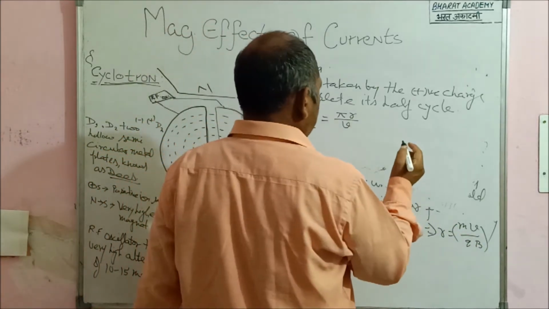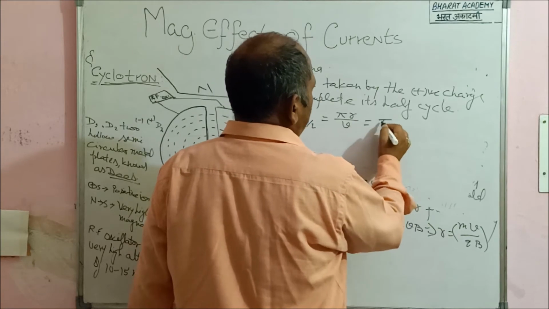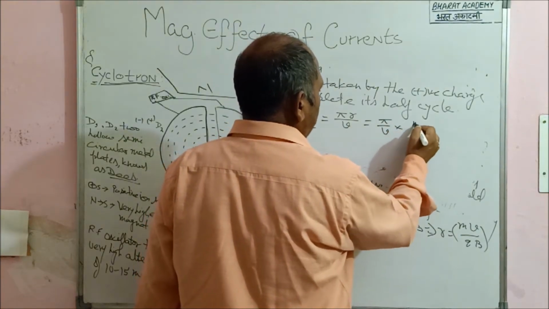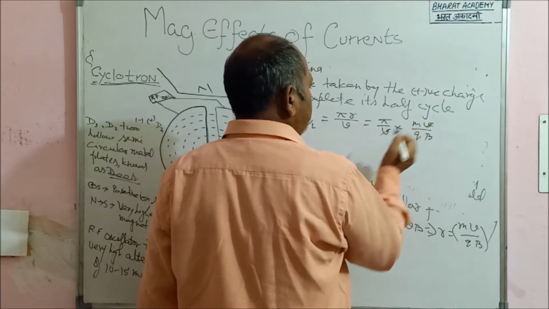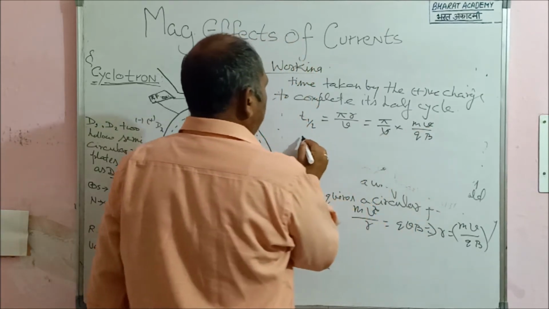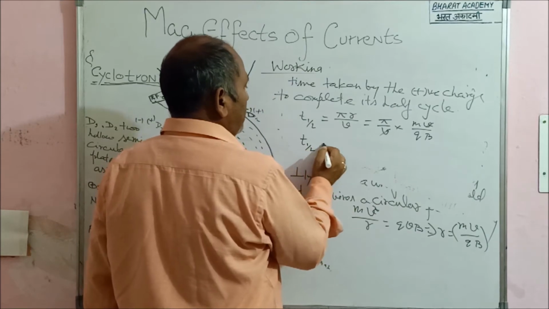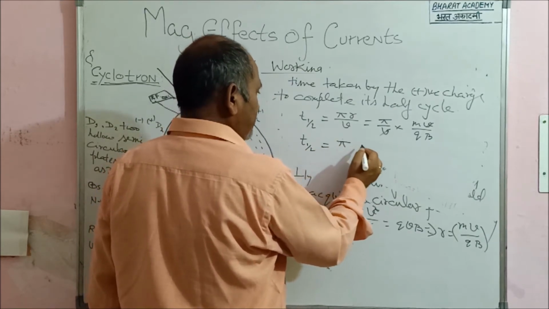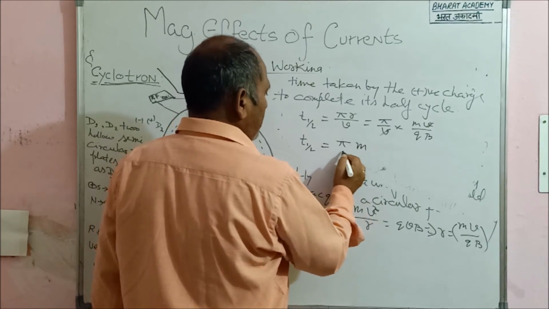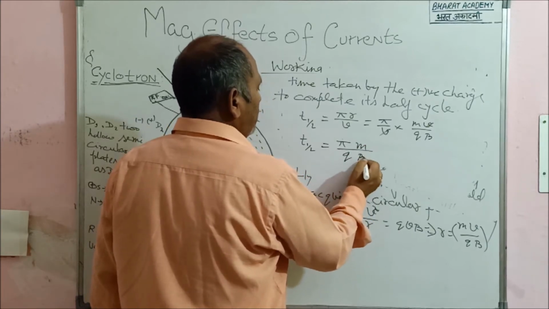If we substitute the value of r, which is mv by qB, we get T half equal to pi m upon qB.